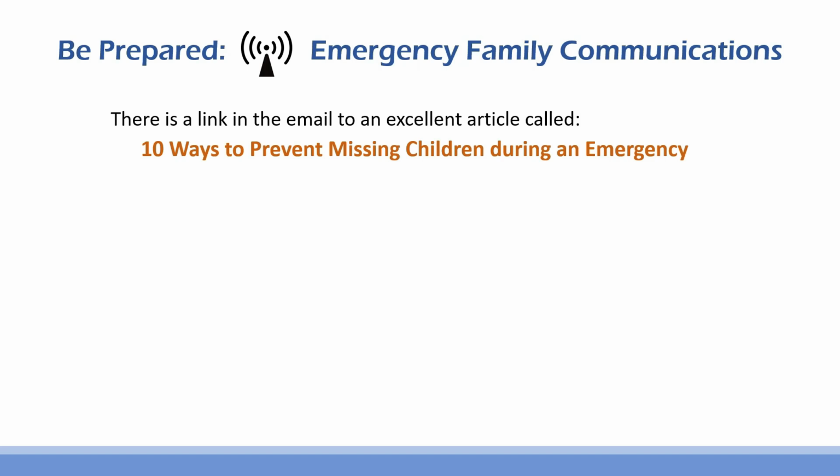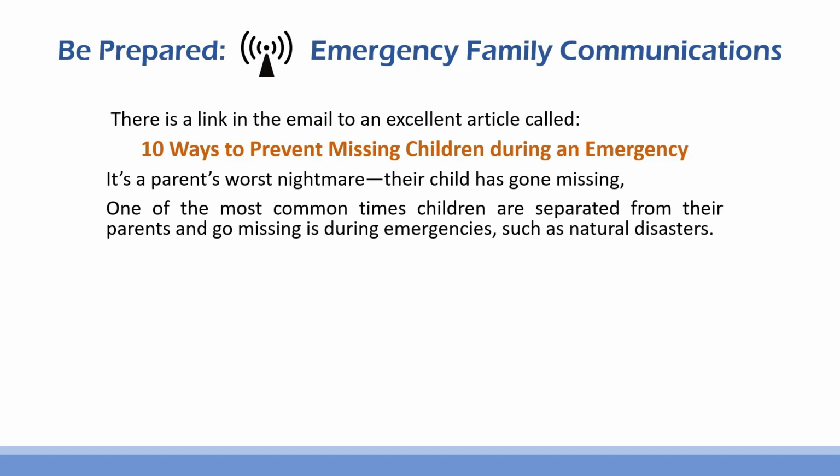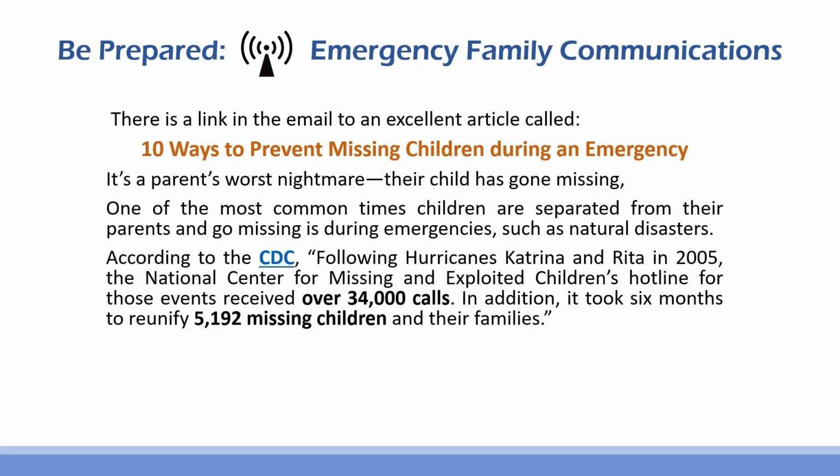The article starts, "It's a parent's worst nightmare. Their child has gone missing." One of the most common times children are separated from their parents and go missing is during emergencies, such as natural disasters. According to the CDC, following Hurricanes Katrina and Rita in 2005, the National Center for Missing and Exploited Children's Hotline for those events recorded over 34,000 calls.